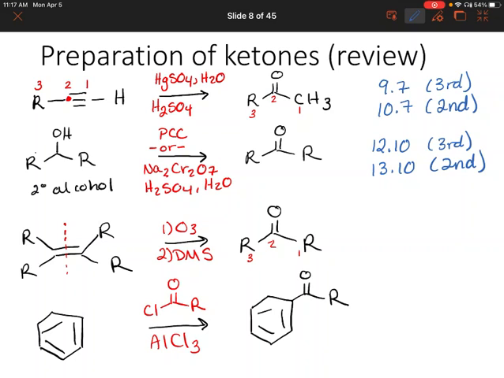The third reaction is in section 8.11 for the third edition, and 9.11 if you have the second edition. And the last one is in our previous chapter 18, chapter 19 if you have the second edition.